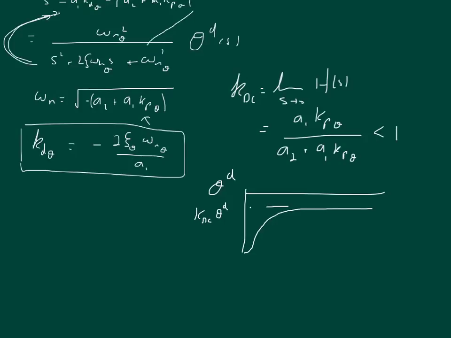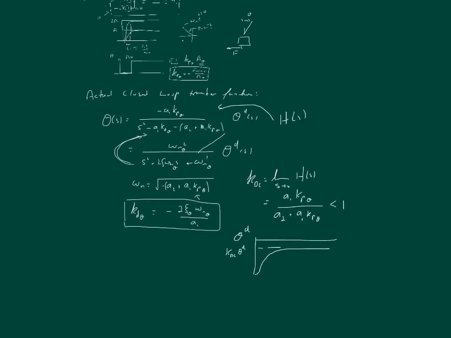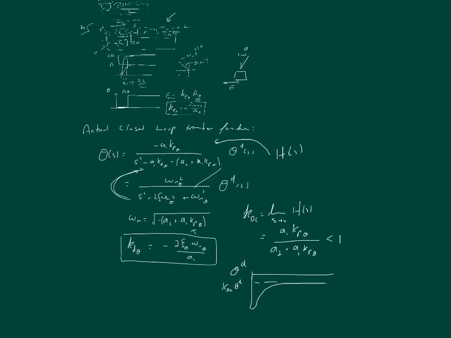Okay, so we have designed the inner loop, meaning we've found an expression for kp theta and for kd theta, and there are two parameters that we can tune. So to tune the inner loop, we can change a theta and also the damping ratio zeta of theta.